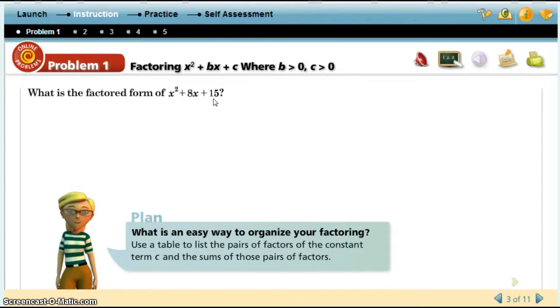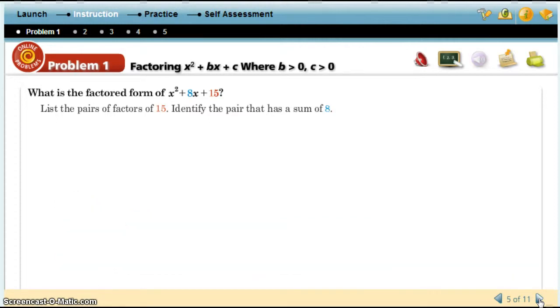So for example, 1 times 15 gives you 15. 1 plus 15 gives you 16. So that's the type of table that they're asking you to make. List the pairs of factors of 15. Identify the pair that has a sum of 8. Use a table to organize the factor pairs.